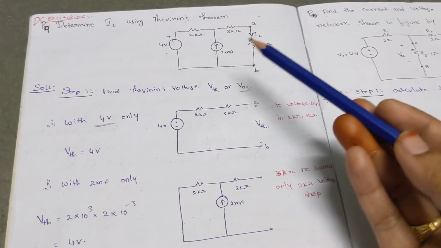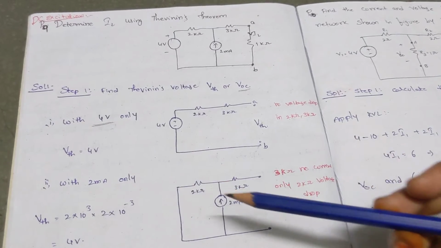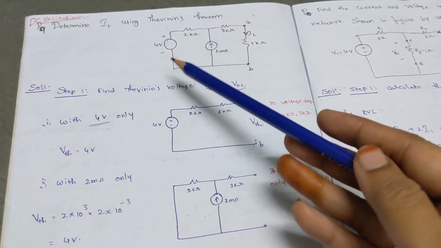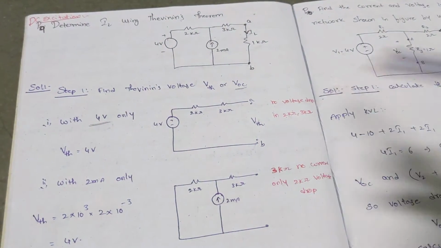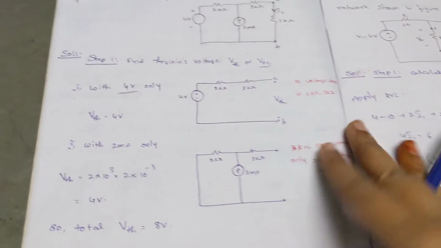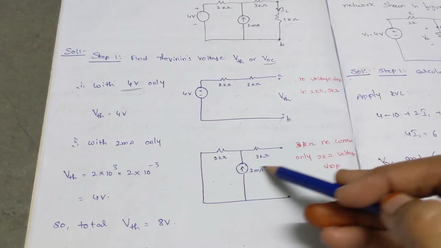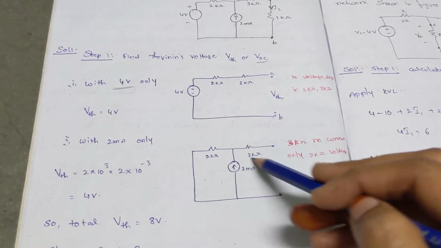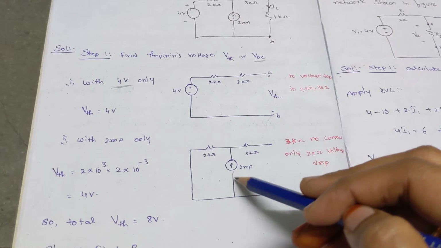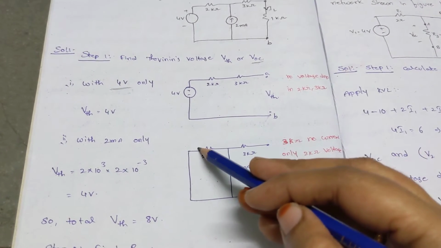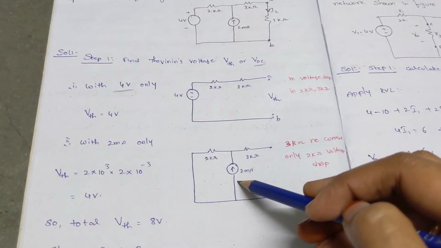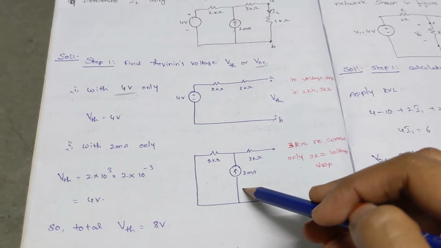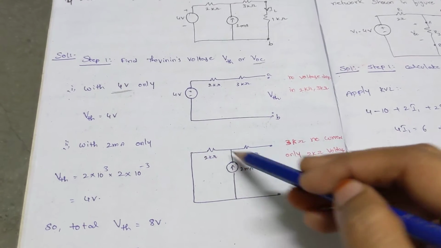Similar case, if I go with 2 milliamperes, at that time your voltage source will be a short circuit. Now this 3 kilo ohms is only a redundant element, since it is an open circuit. Now this is the current and this is the resistance. So when you are having current and resistor, then there will be a voltage drop.